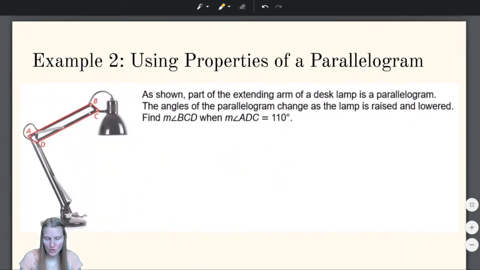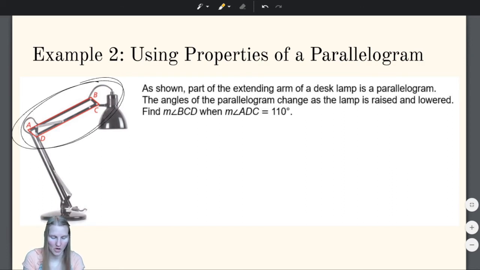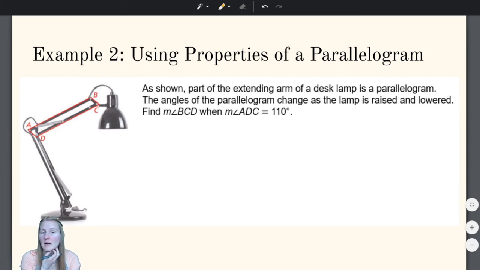Now let's use this theorem in another example. So, as shown, part of the extending arm of a desk lamp is a parallelogram. So that's the red shape they're talking about here. That is a parallelogram. The angles of the parallelogram change as the lamp is raised and lowered. Makes sense.